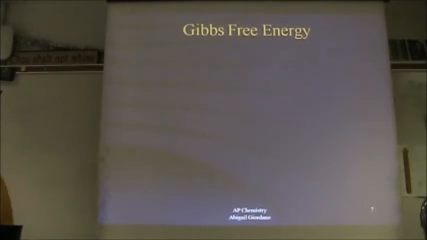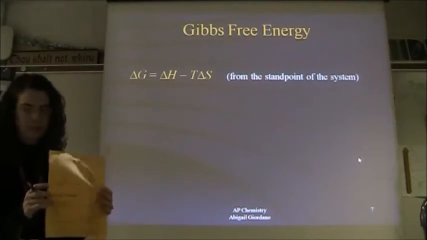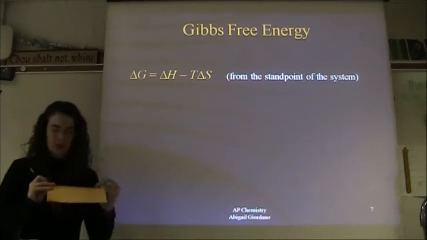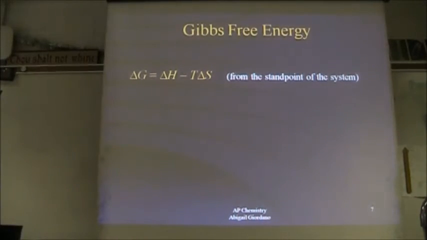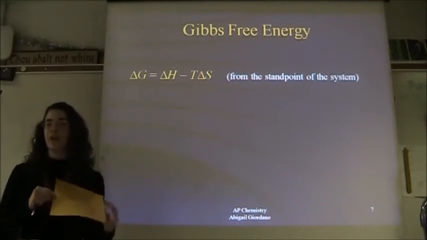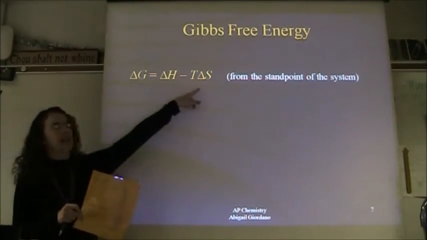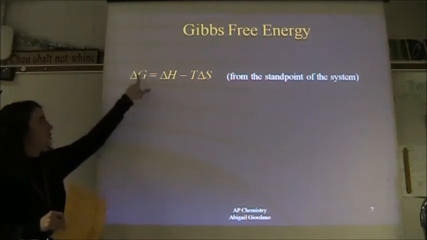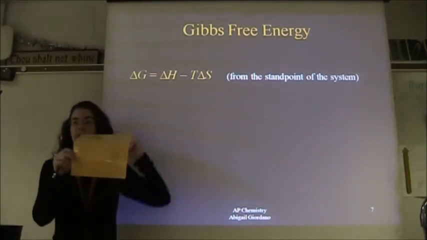If you would take out, please, your equation sheet and look on the back, under that thermochemistry section. In that section, look at the 1, 2, 3, 4, 5th equation down. You should see an equation that looks like this, although my apologies, I forgot to include the little degree symbols like it is on here.